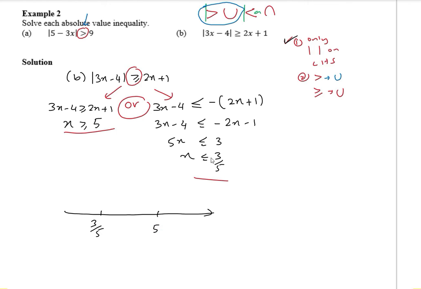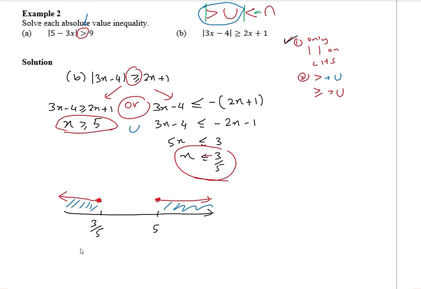So this sign means that it goes to the left of 3 over 5, then a circle there, goes to the left, and then we have x goes to the right of 5, and then a circle there. Or here means union, so the answer is all of these lines.